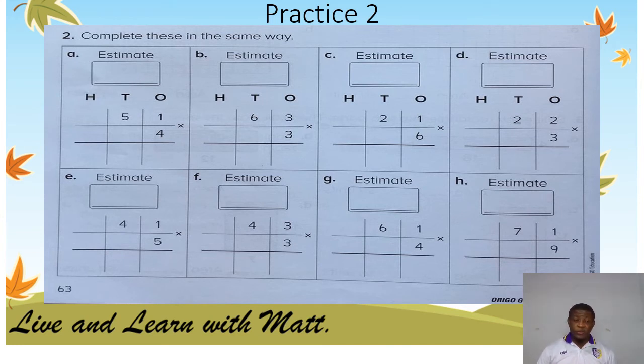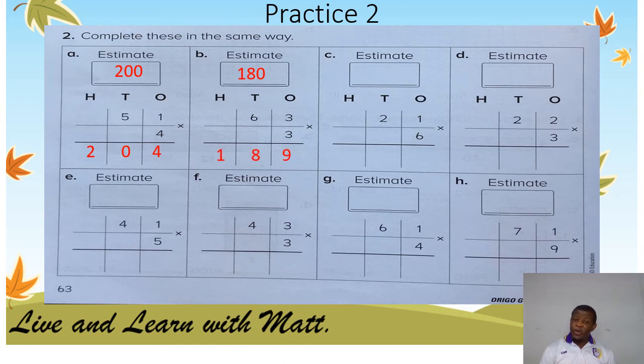Now number 2, 51 times 4. We estimate it to be 50 times 4, which will give us 200. And the exact will be 204. Part B. The estimate will be 60 times 3, which is 180.